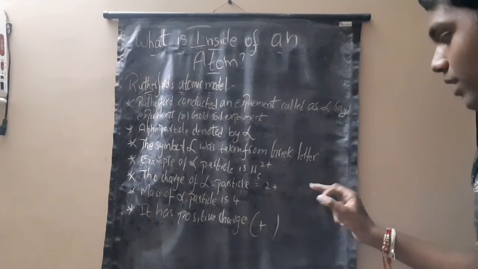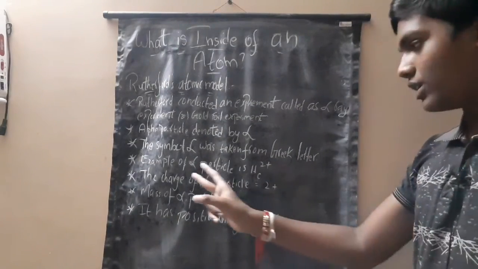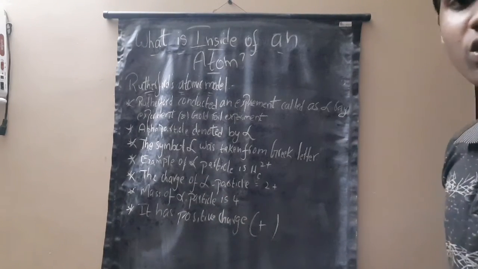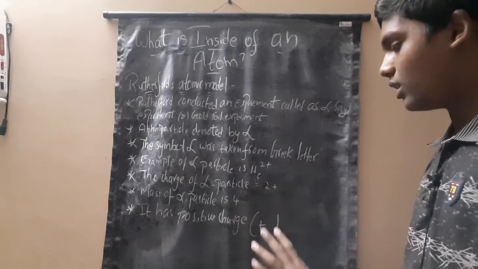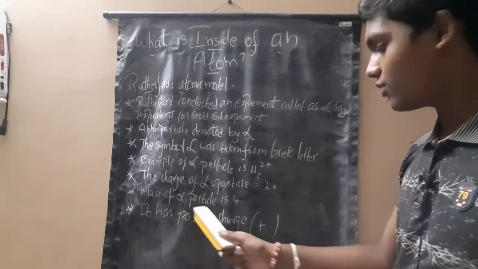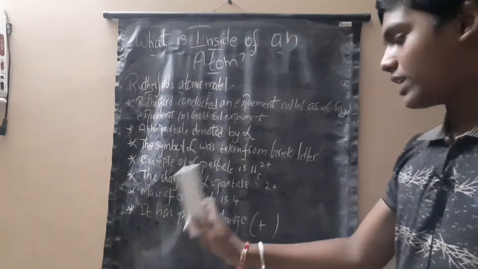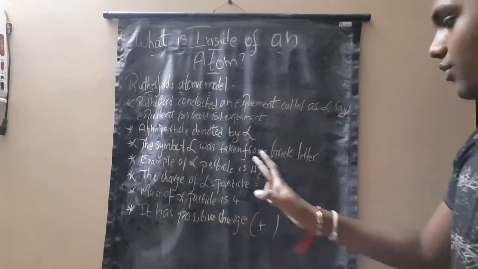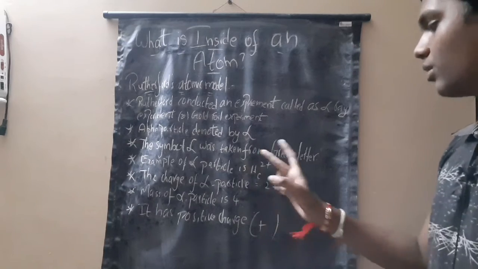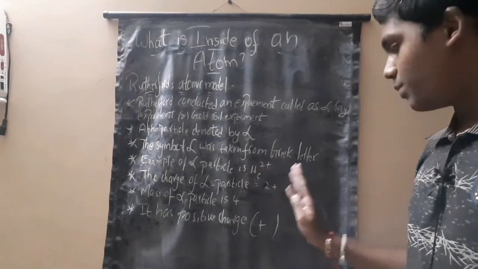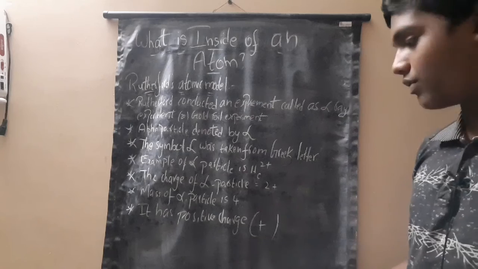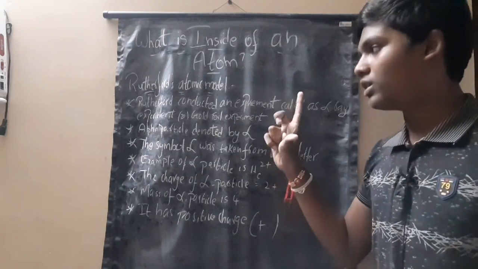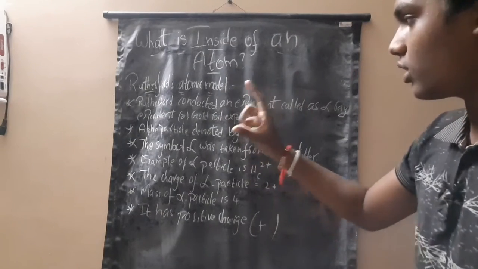The mass of an alpha particle is 4, and it has a positive charge. So these are some important points about Rutherford's atomic model.